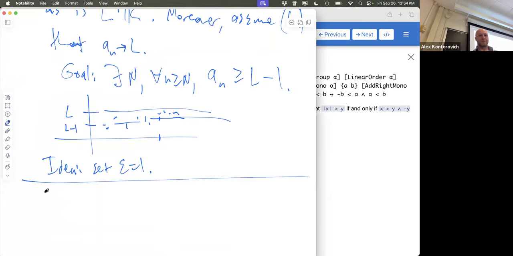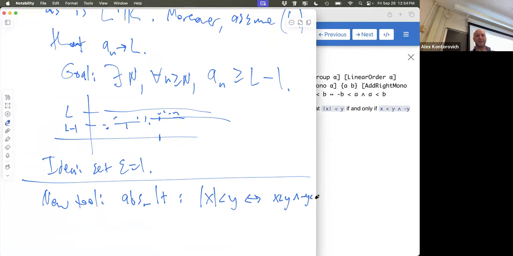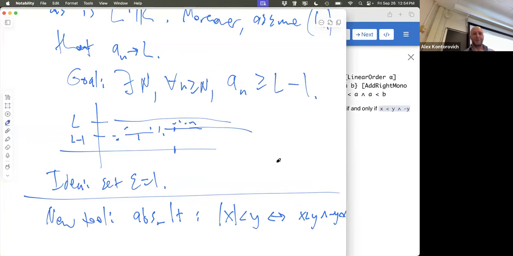New tool is a theorem called Abs_LT, and Abs_LT says the absolute value of x is less than y if and only if x is less than y and negative y is less than x. Does that make sense? If you're less than y in absolute value, you're less than y as an upper bound and lower bounded by negative y. So you're between y and negative y. That's what it means to be less than in absolute value.